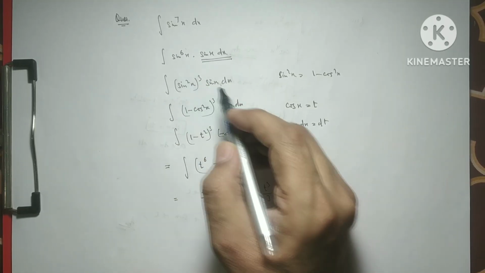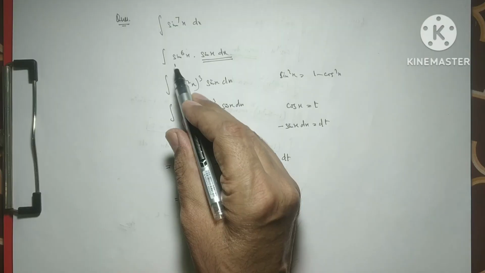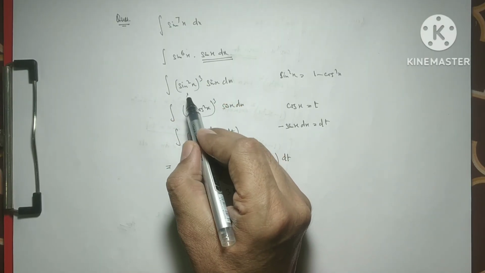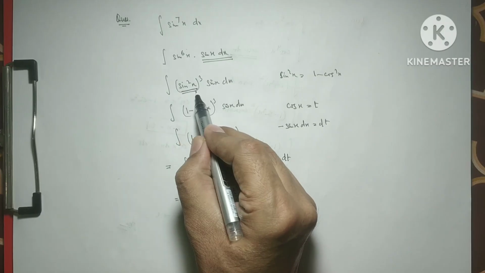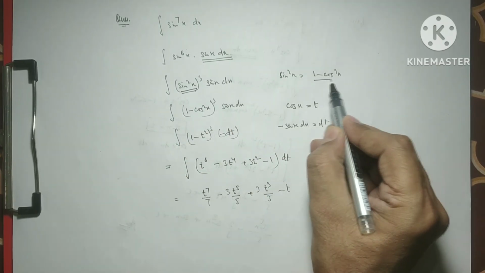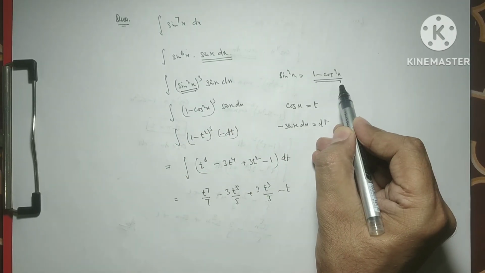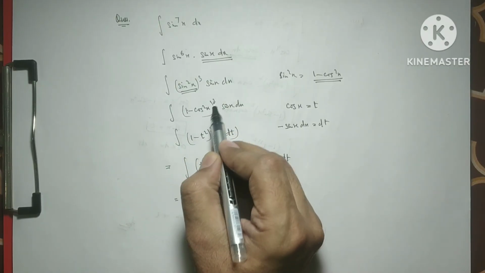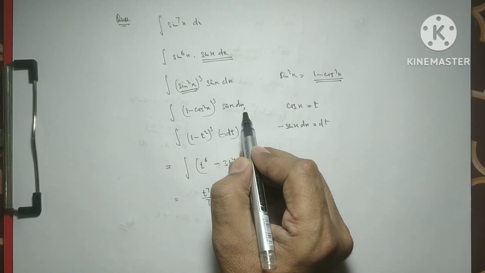So we can write sin x to the power 6 as sin square x cube, and we can convert this sin square x as 1 minus cos square x. So it is 1 minus cos square x cube sin x dx.